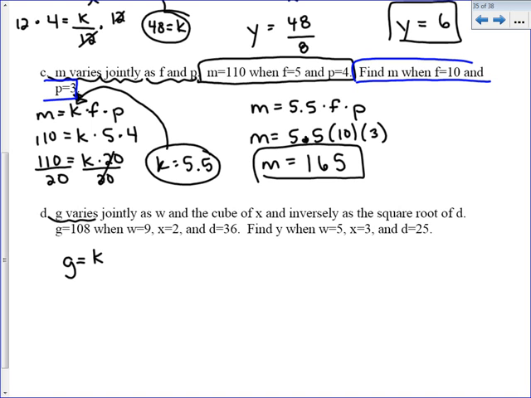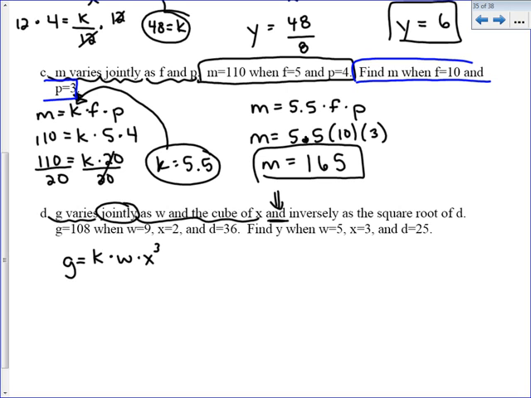Jointly. So which operation? Multiplication. So as W in the cube of X. So W, and then how am I going to write the cube of X? X to the third power. And then there's our curveball, inversely.